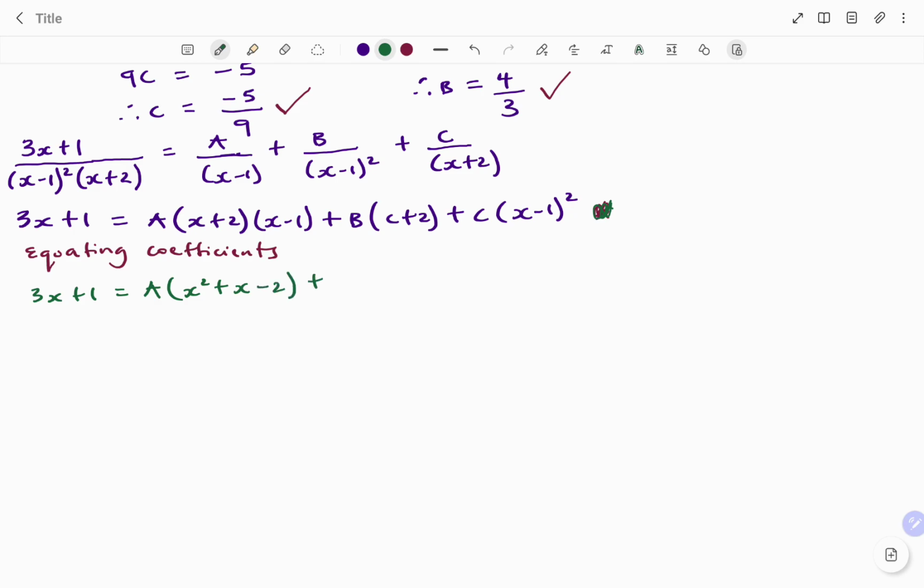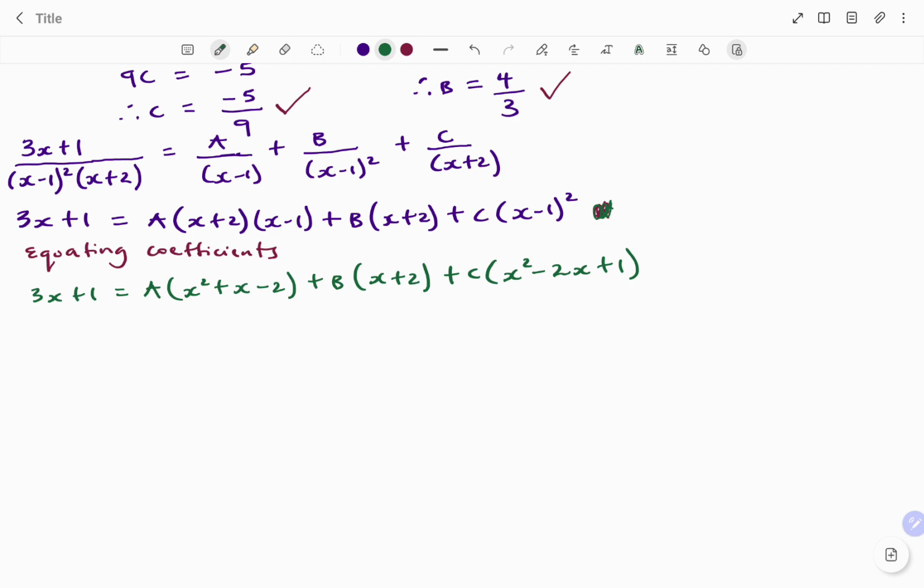I have plus b, that remains x plus 2, and for my c, if I expand x minus 1 all squared, I'm going to have x squared minus 2x plus 1. So equating coefficients means I'm going to rewrite my right hand side having coefficients of x squared, x, and my constant.